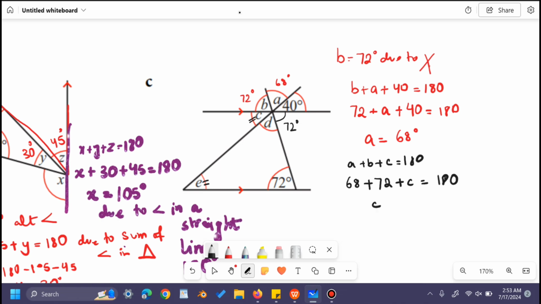And now we can say that 180 minus 72 minus 68, and then c is going to be 40 degrees, right?